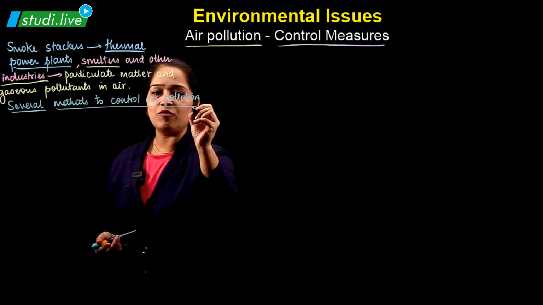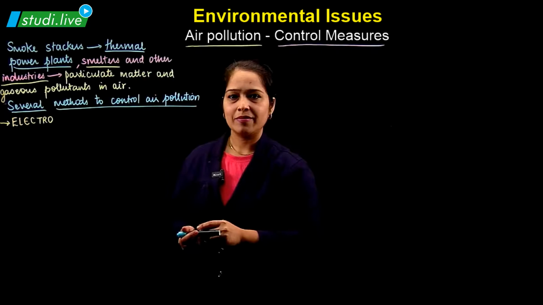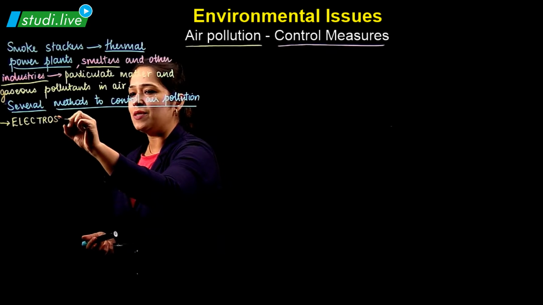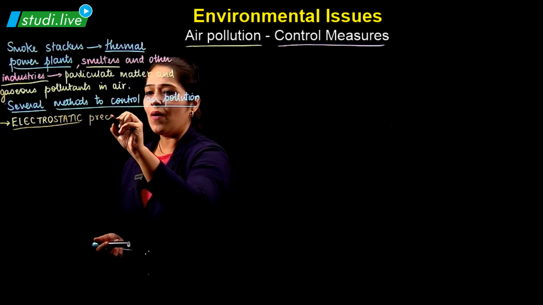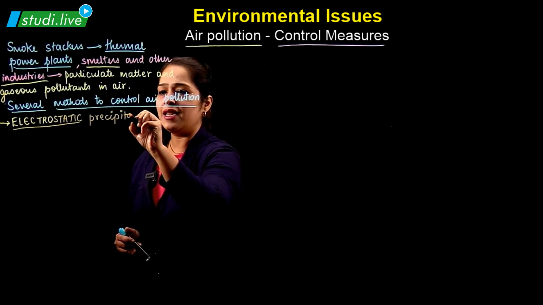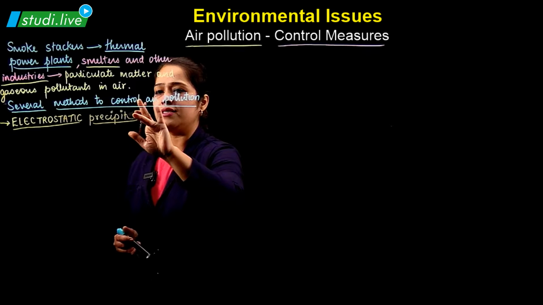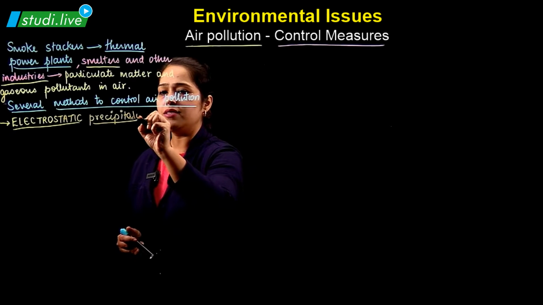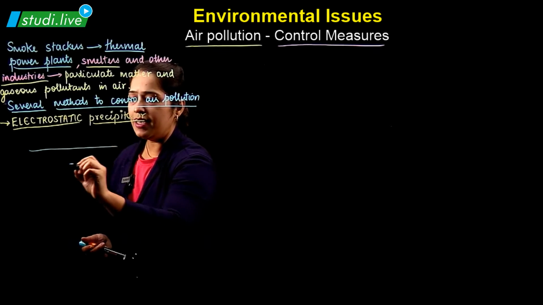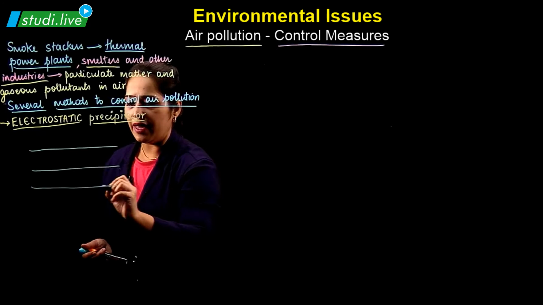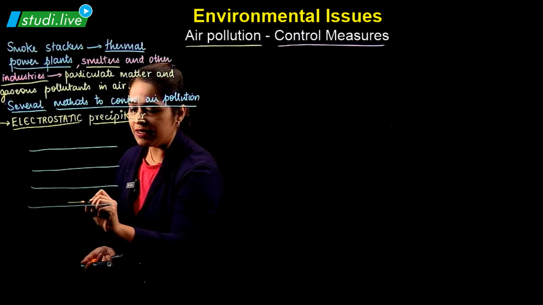Now in this electrostatic precipitator, as the name suggests, the word electro, if we see this figure, we have the place from where the air will pass, and in this we have discharge plates.